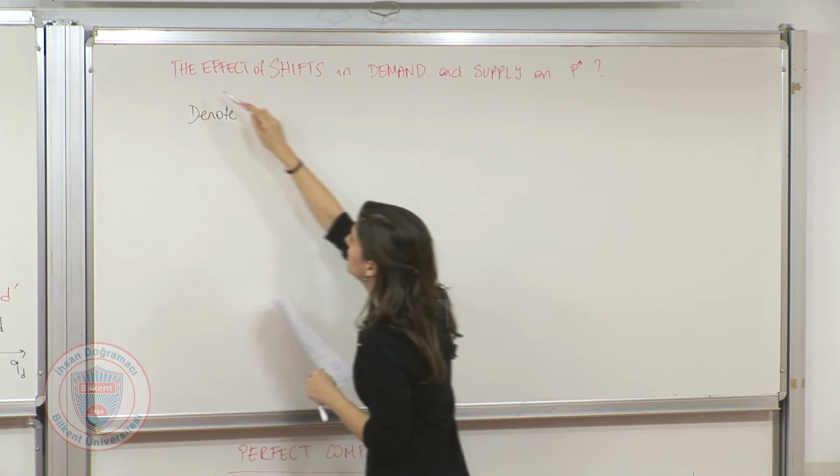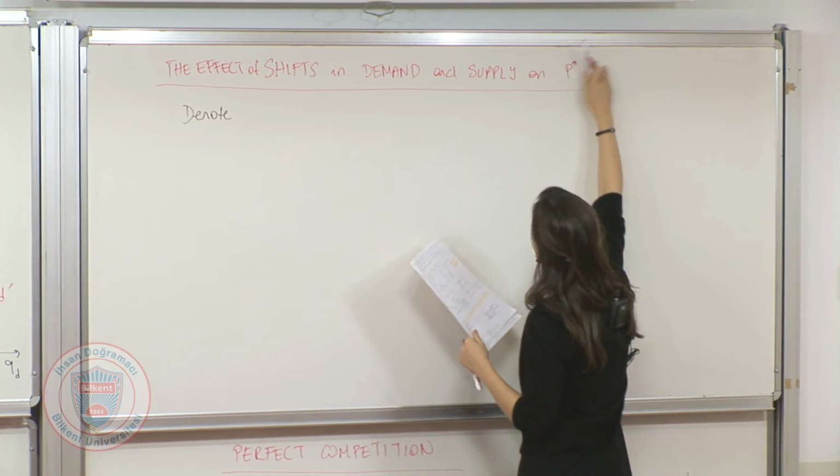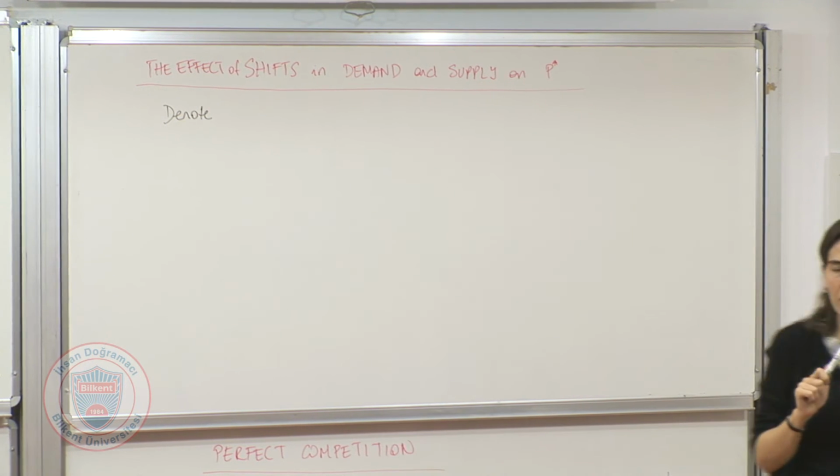You know that P star is the market clearing price or the equilibrium price, okay? So let's try to see this.